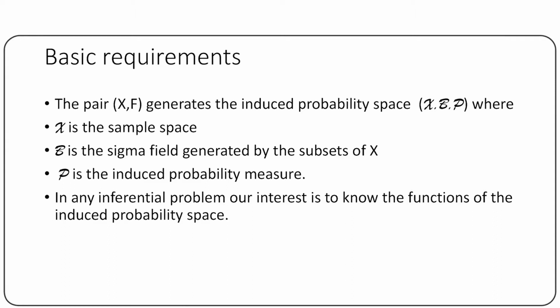The term induced usually refers to a real valued function defined on a probability space. The real valued function then induces a probability distribution, whereas the original probability space may be different. In any inferential problem, our interest lies in knowing functions of the induced probability space.